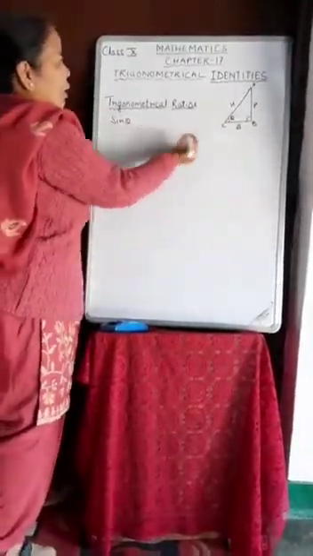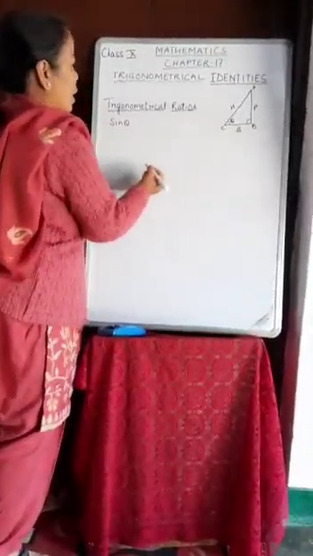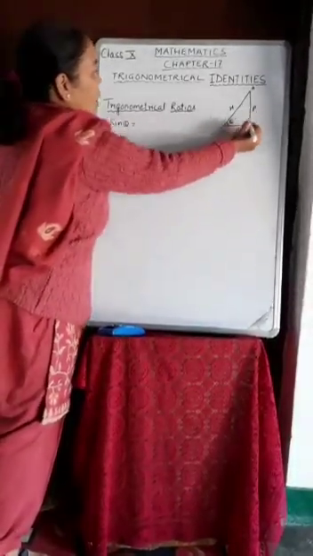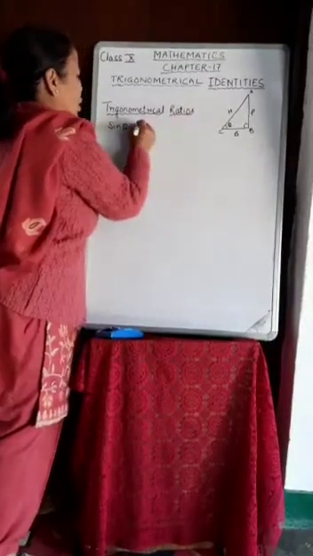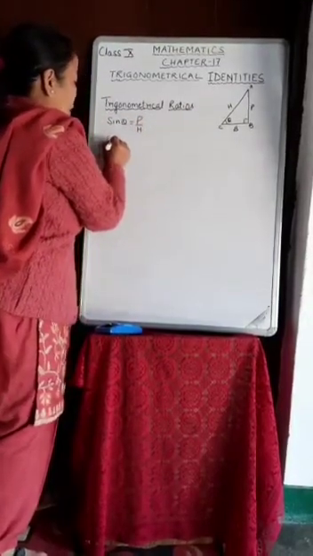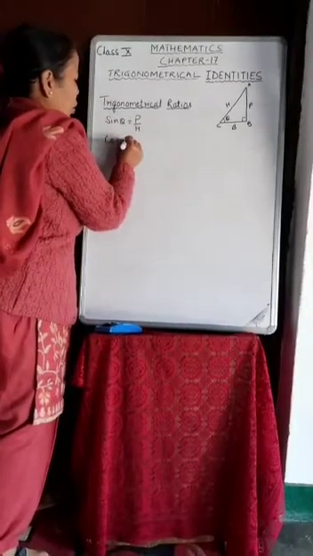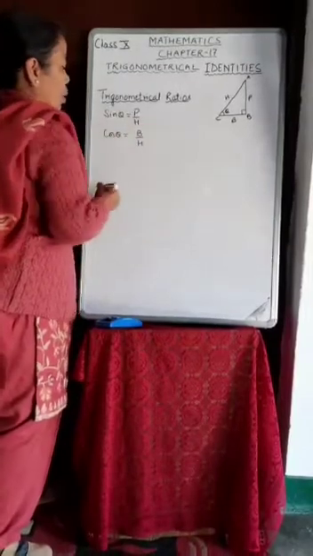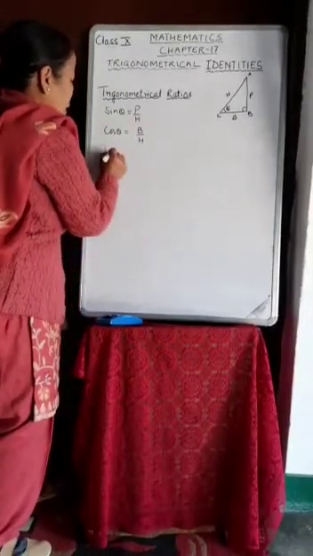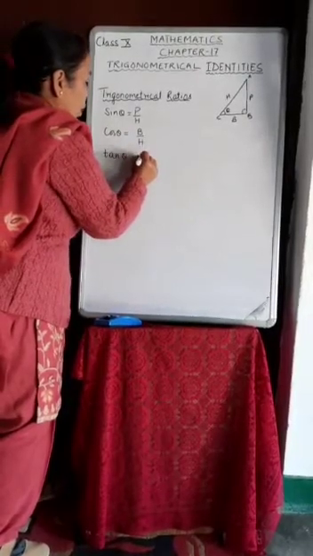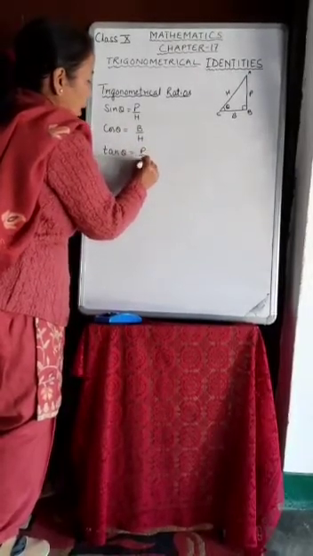Now here for sine theta, we are taking this angle C as theta. So sine theta is equal to perpendicular upon hypotenuse, that is P upon H. Cos theta is equal to base upon hypotenuse, B upon H. Tan theta is equal to perpendicular upon base.